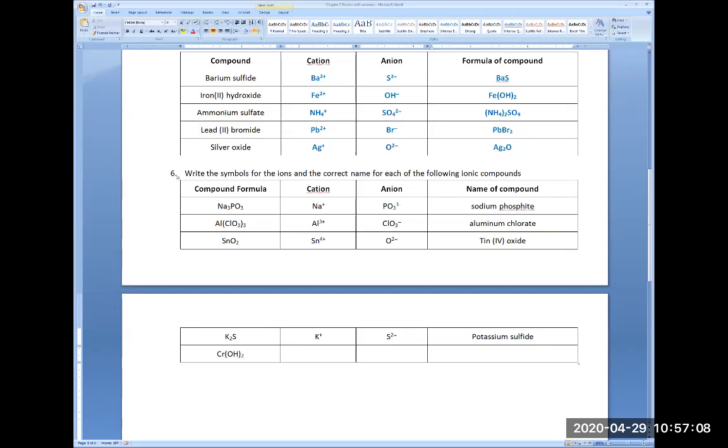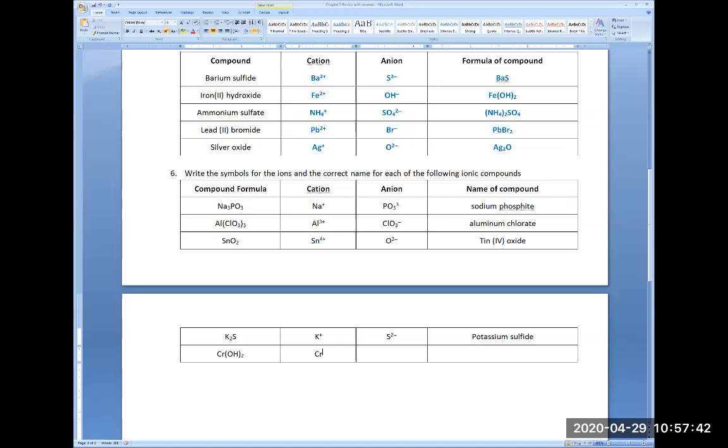Okay, let's do Cr(OH)2. So, okay, Cr, can you tell me what is Cr? So type the name. Chromium, yes.